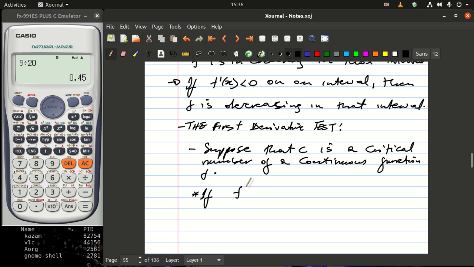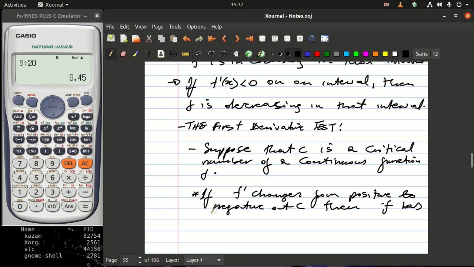If f prime changes from positive to negative at C, then f has a local maximum at C. What does this simply mean? f of C is a local maximum value.